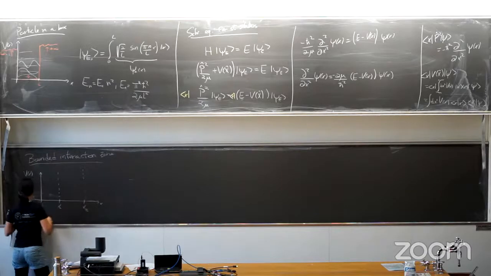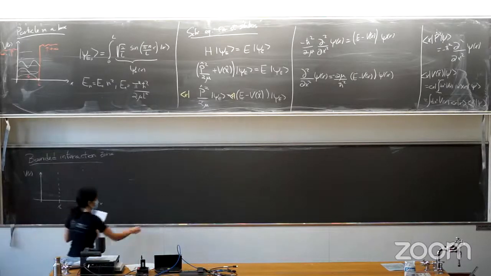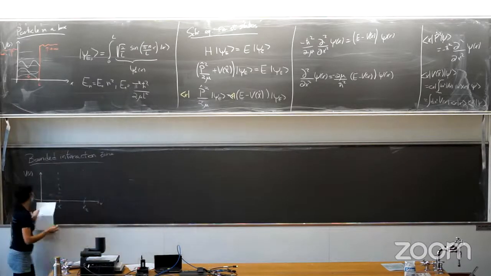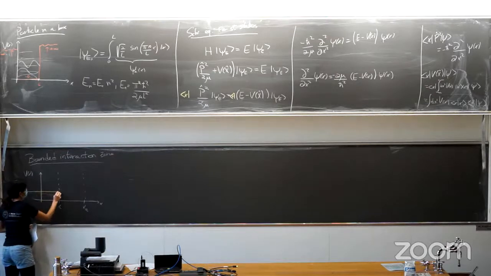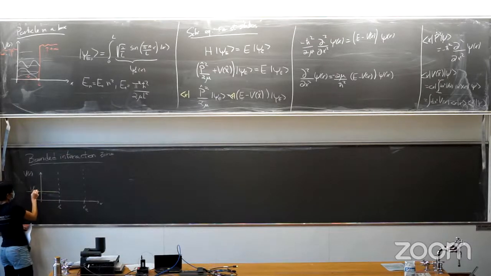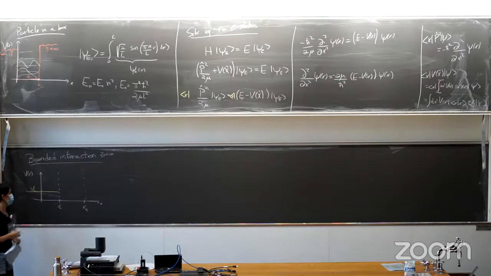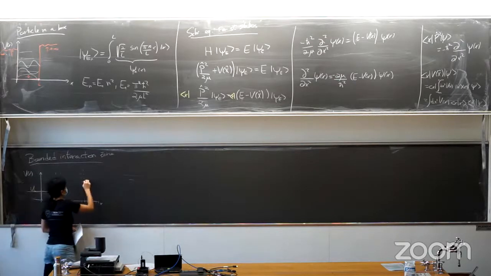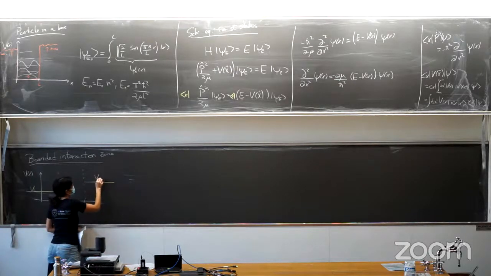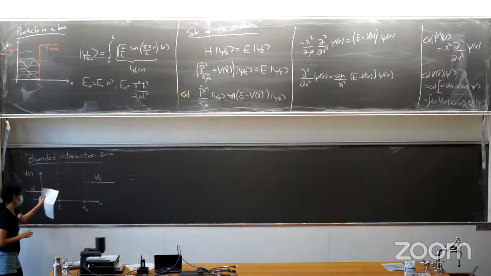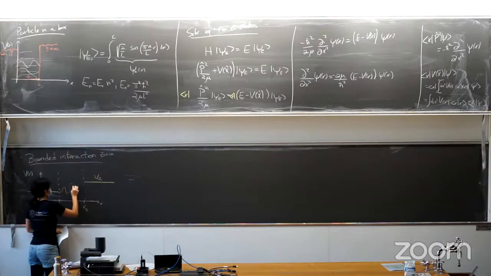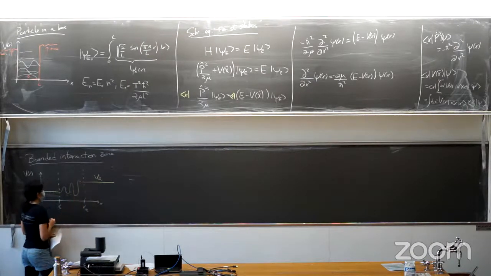I'm going to look at zones where the potential goes like this. It has some value all the way to the left. It has some different value all the way to the right. And then in between, it can be whatever. Okay, so this is what's called interaction zone.